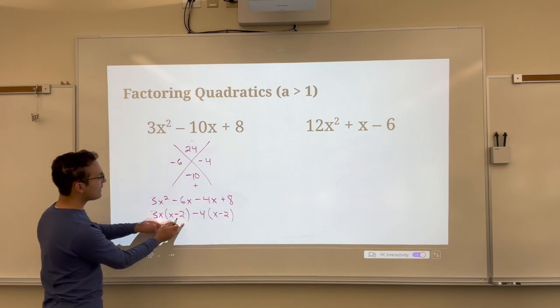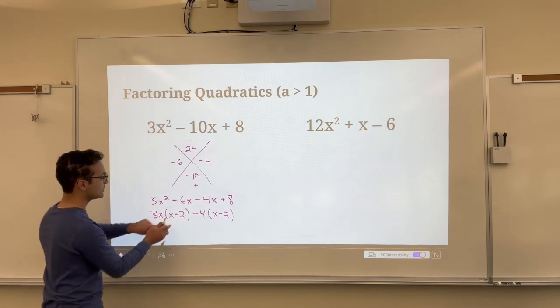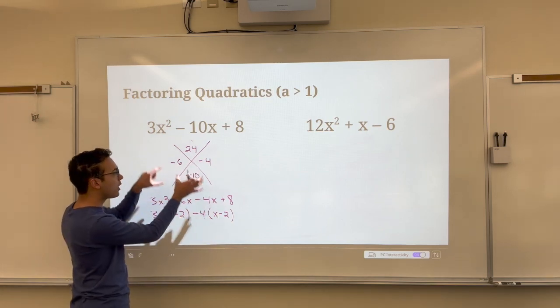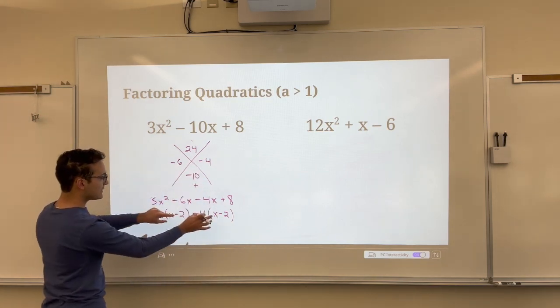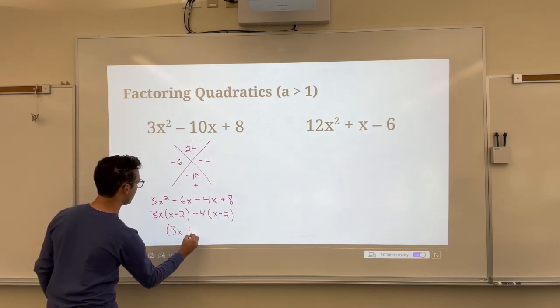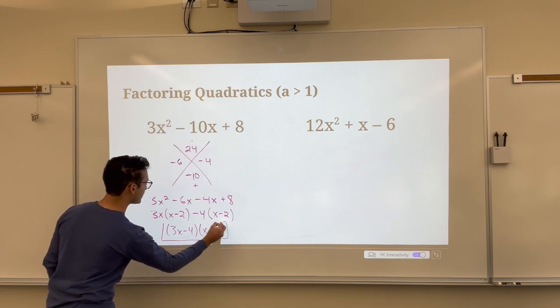Now, it's important to know that factoring by grouping only works if these 2 factors are the same. So x minus 2, that is the same. If these were different, then you did something wrong in the earlier process. But because these are the same, we can now say that this is 3x minus 4 times x minus 2, and that is our final answer.